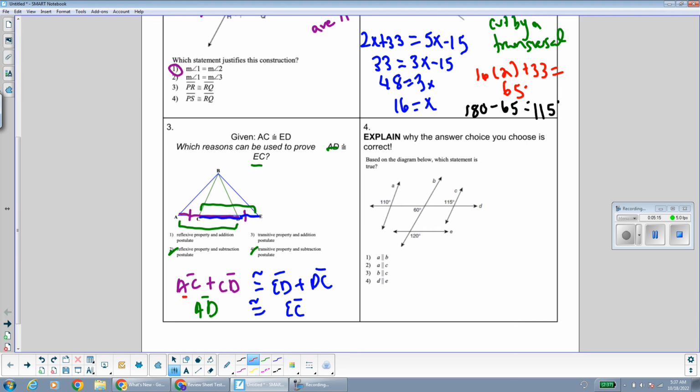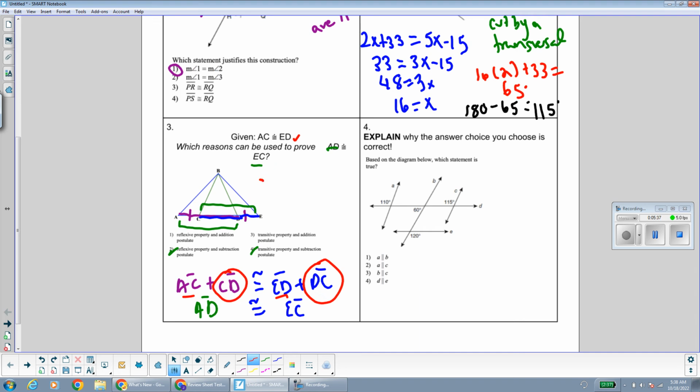So we're starting with two congruent segments, AC and ED, that was given to us. Are we adding on two congruent segments? You might be saying yes, because CD and DC are the same segment. Here's CD, here's DC. They're the same segment.